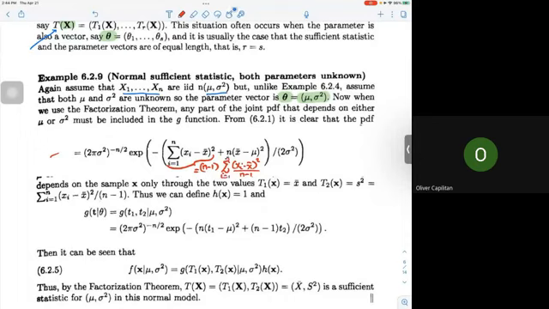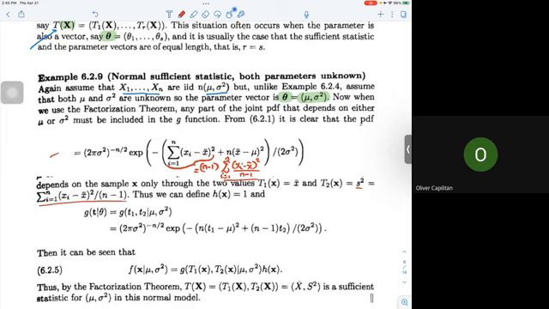So we have n minus 1 times s squared, because the summation expression here is s squared.